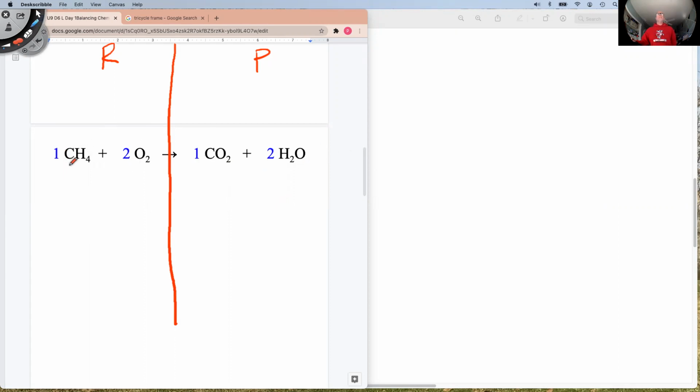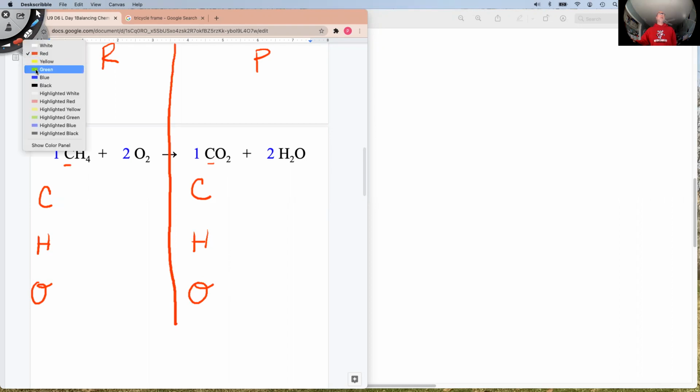What we want to do is say, do we have the same number of carbons on the reactant side as we have on the product side? So we're going to say, well, I have carbons, I have hydrogens, and I have oxygens. And over here, I have carbons, I have hydrogens, and I have oxygens. So all we do, it's just a game about counting.